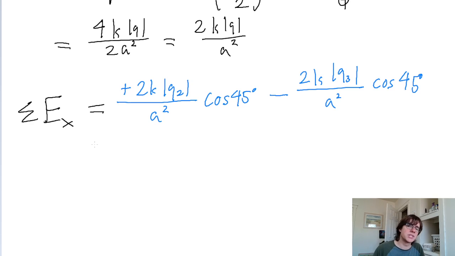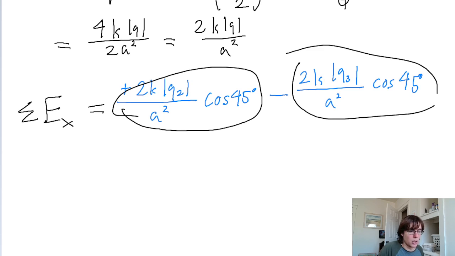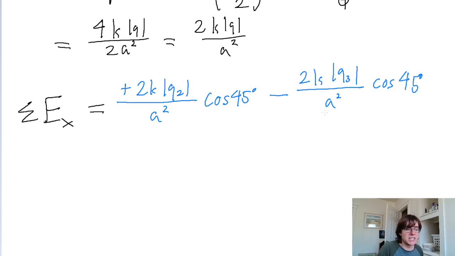Now you might notice something kind of nifty. Notice that this term and this term both look the same, with the only difference being the q2 and the q3. But, as the problem is explained, both q2 and q3 have the exact same magnitude of charge, which means that this term and this term are both effectively equal.